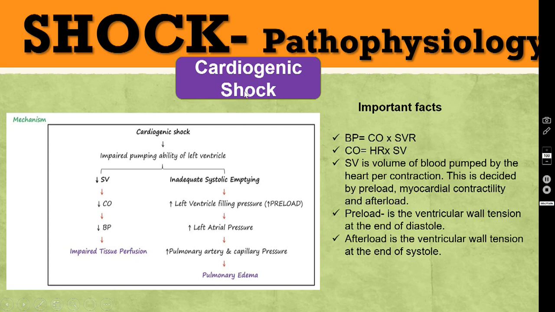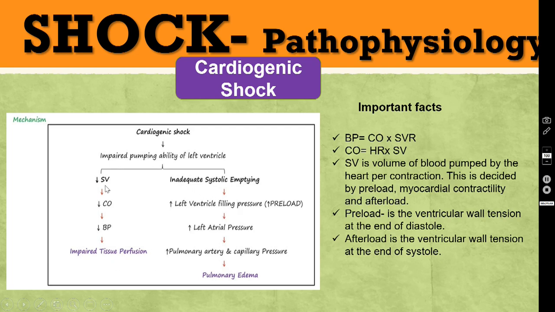Coming to the cardiogenic shock, the problem is in the heart itself. Because of the failure of the pump, the heart, the stroke volume is decreased. That results in decreased cardiac output. Naturally, that results in hypotension. So eventually there is impaired tissue perfusion, resulting in cellular hypoxia, and the tissues will undergo anaerobic metabolism.